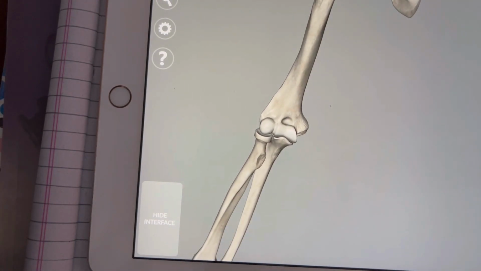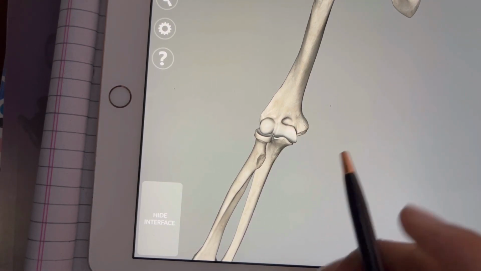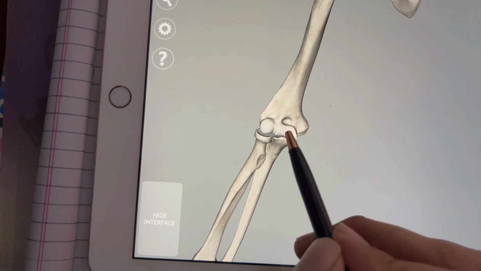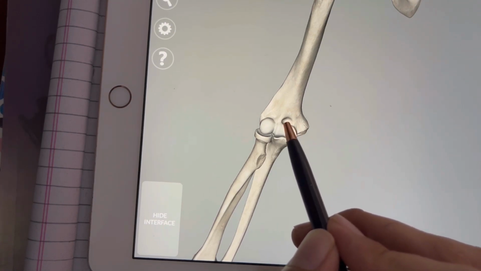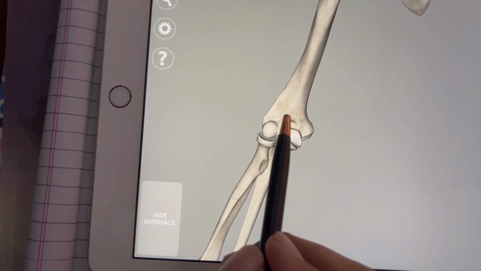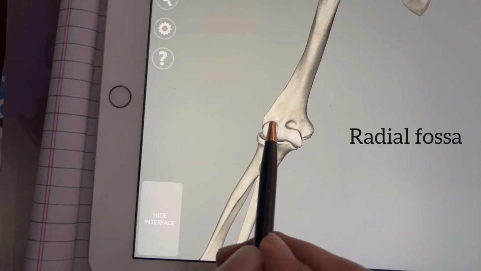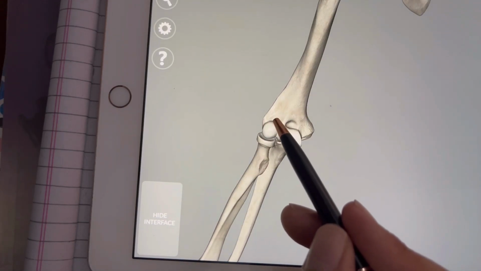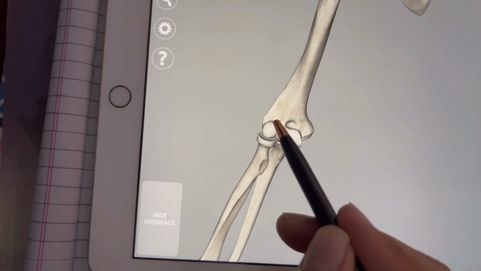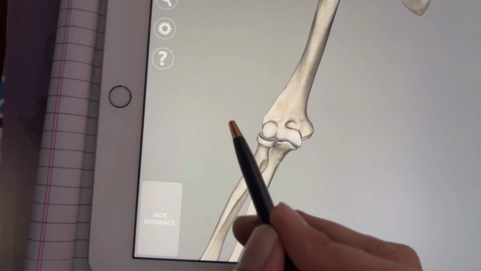Now coming toward the fossas of the humerus bone that are located in the distal extremity. This fossa, which is located above the trochlea, is called the coronoid fossa, while this small fossa, which is located above, or proximal to, the capitulum, is called the radial fossa, or simply you can say the fossa above the radial bone is called the radial fossa.